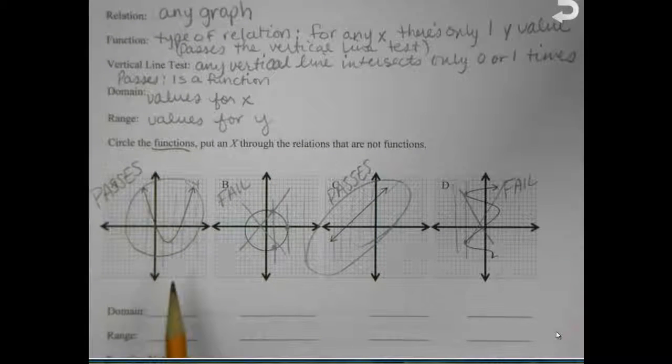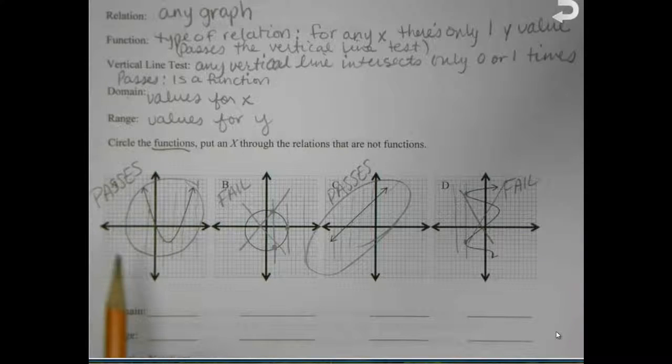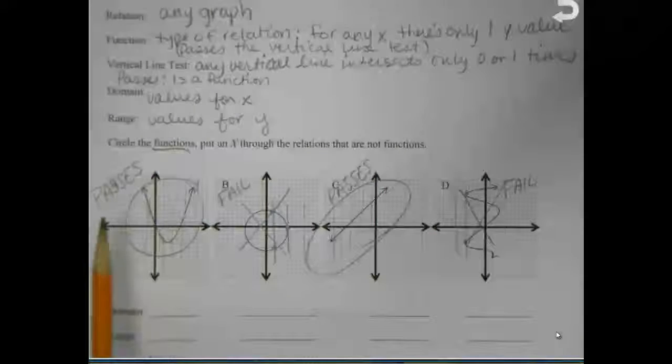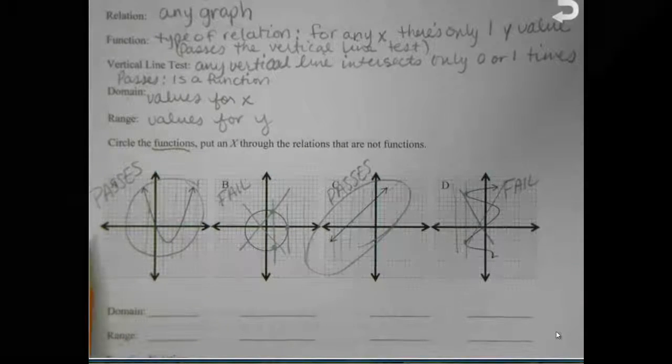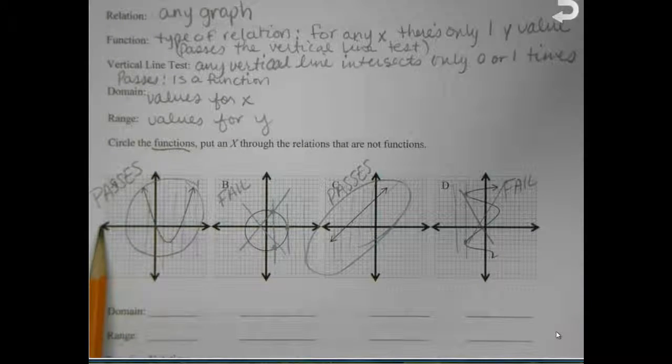Now for each of them, I'd like to know what is the domain and what is the range. So the domain is the values for x, so I can look at going across in any of the values that I might have for x, like way out here at -infinity. If I went up high enough, would I eventually have a matching point on my graph if I use, say, -1000 for my x value?